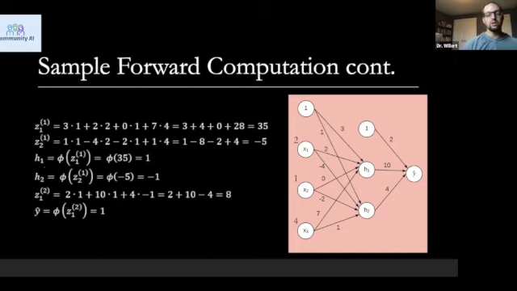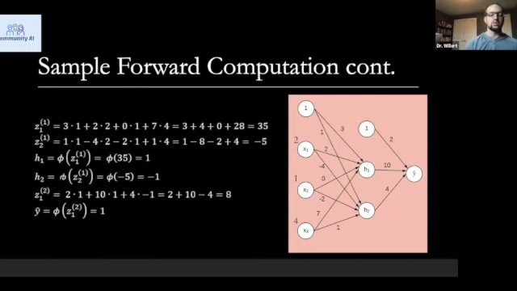So H1 is just this function, phi of Z11. So that's just phi of 35. And recall that phi returns the number 1 when its input is positive. So since 35 is positive, it will just return the number 1.